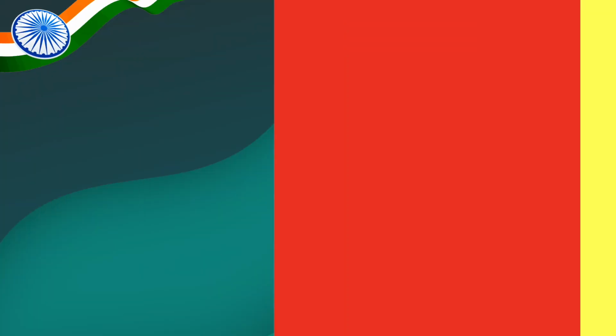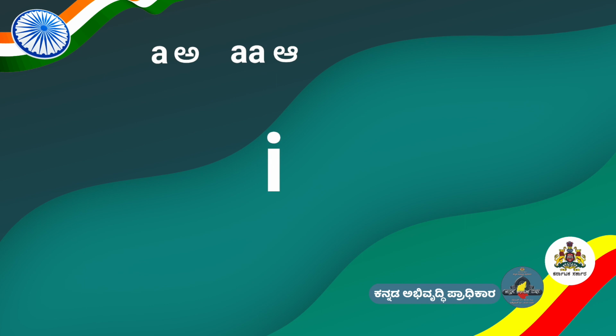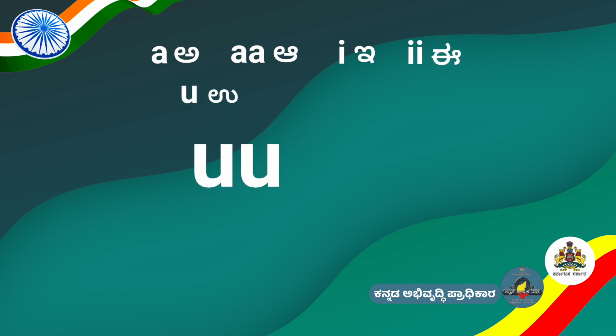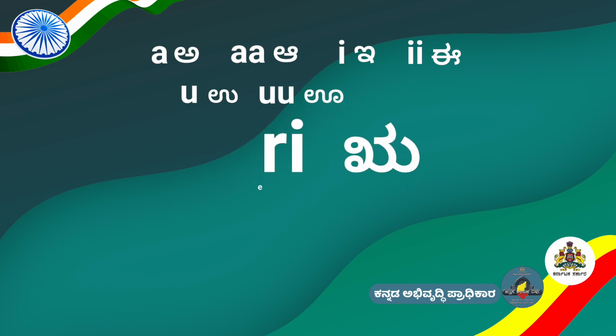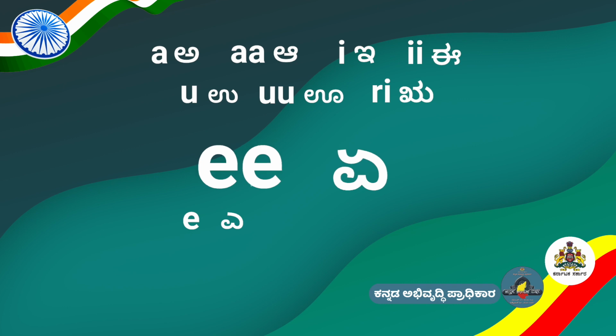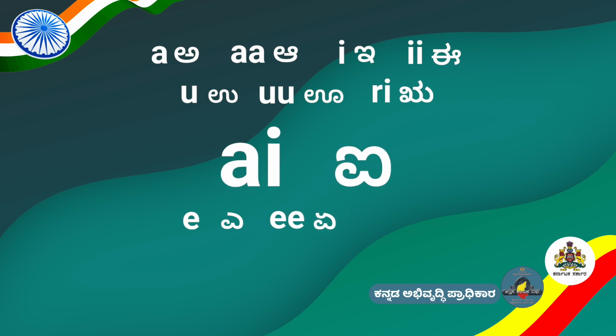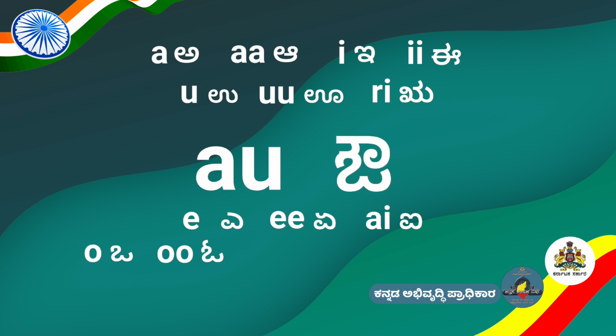So let's go. We use A for A. I for I. U for U. I for R. E for A. I for I. O for O. AU for Au.